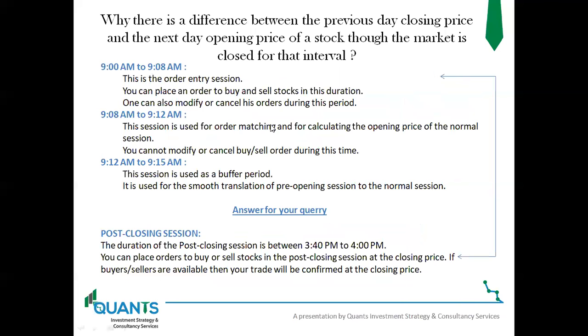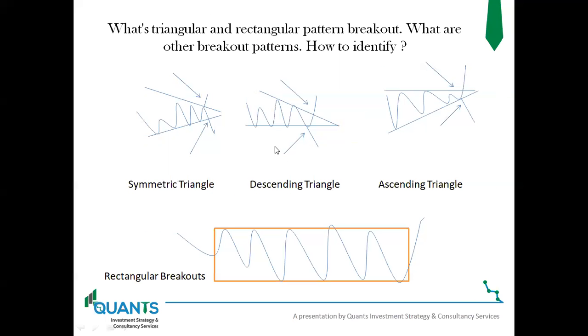Every time it comes to this place, it gets supported. This is called a descending triangle. And the ascending triangle, normally it goes from bottom to high, and the highs are always equal, and it is called an ascending triangle.